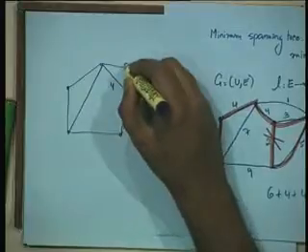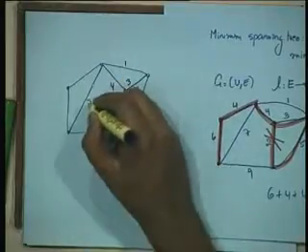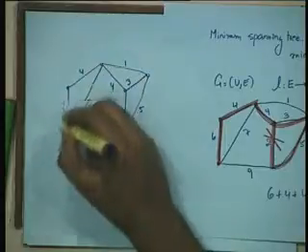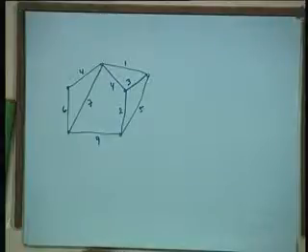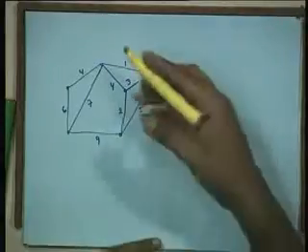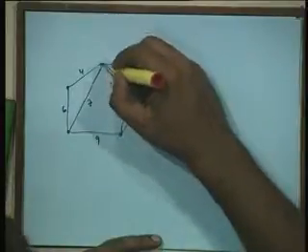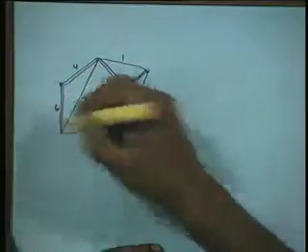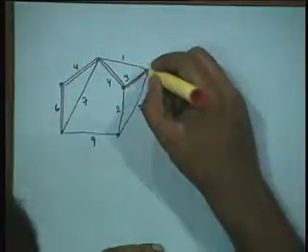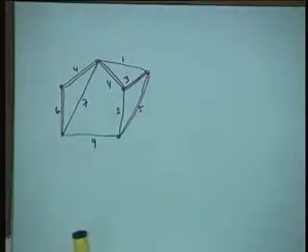Three, 4, 1, 2, 5, 9, 7, 4, 6. Right, and the edges we included were this edge, ठीक है.